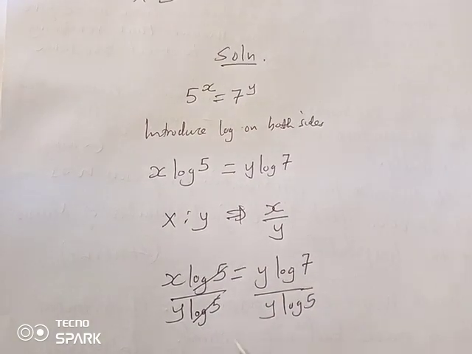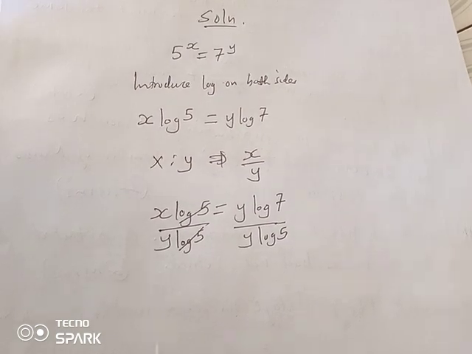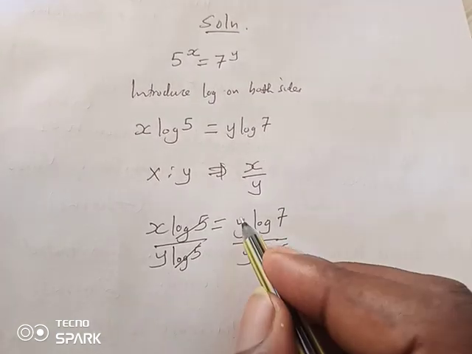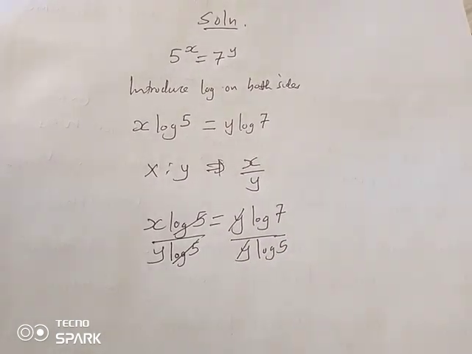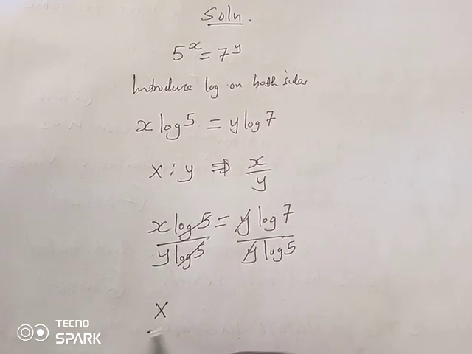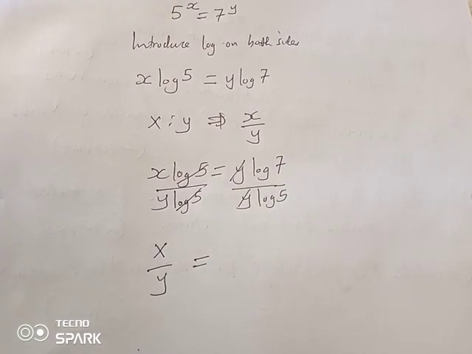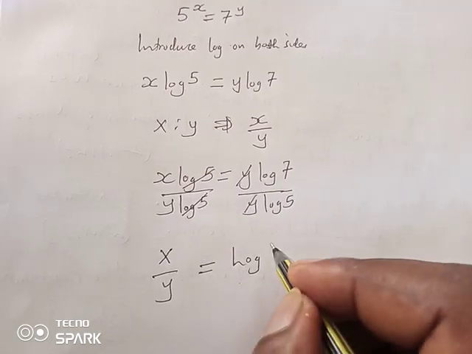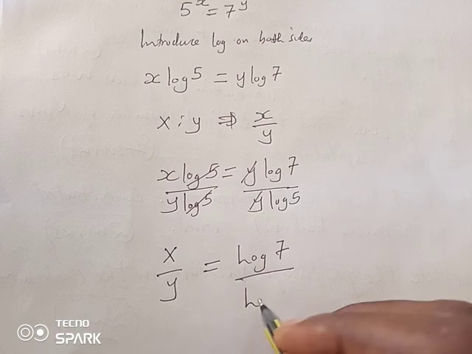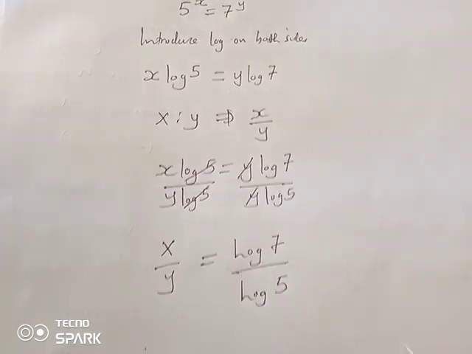So log 5 cancels each other, and y also cancels y on the other side. So what am I left with here? I shall be having x over y as equivalent to log 7 over log 5.